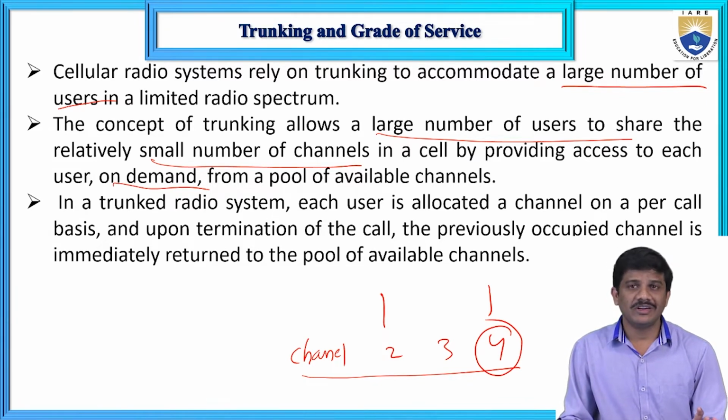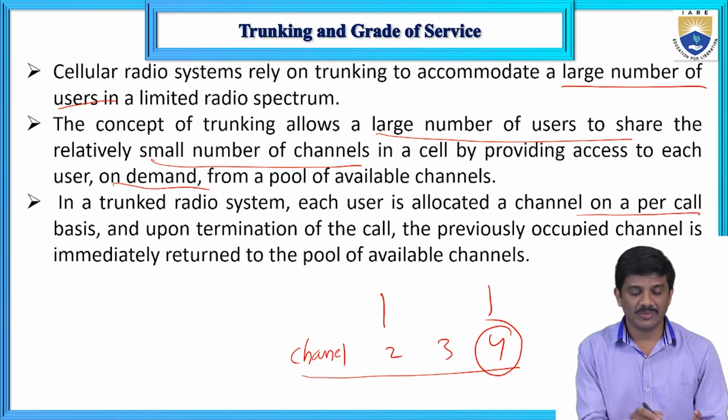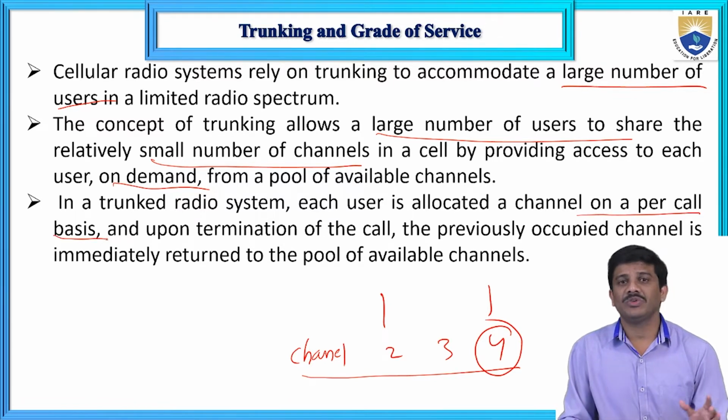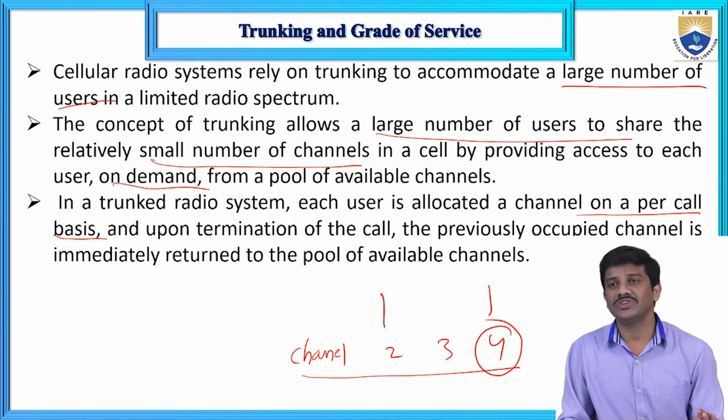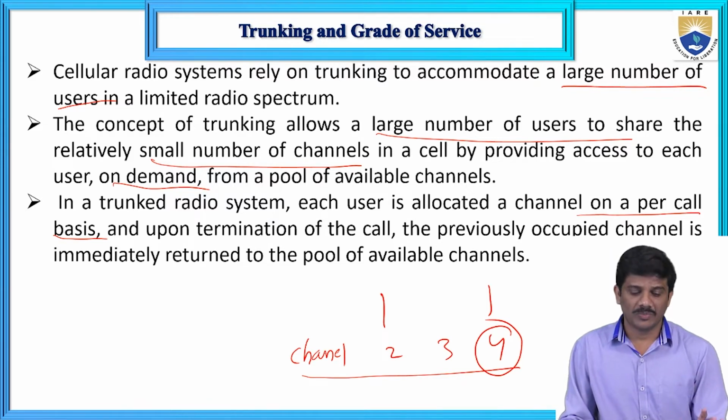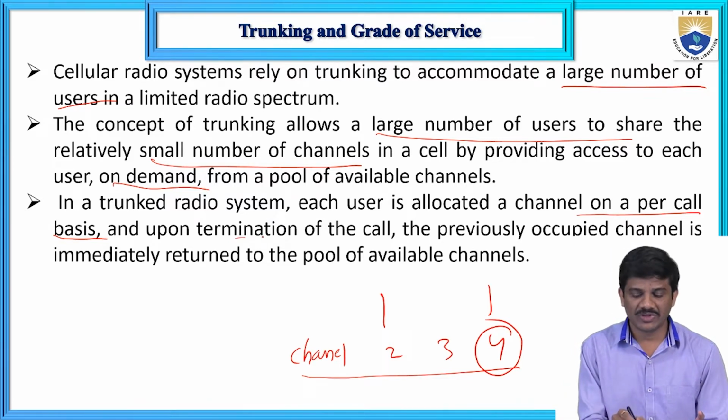In a trunked radio system, each user is allocated a channel on a per-call basis. For example, in a queuing system or the guard channel concept, whoever comes first is served first, upon the termination of the particular call.